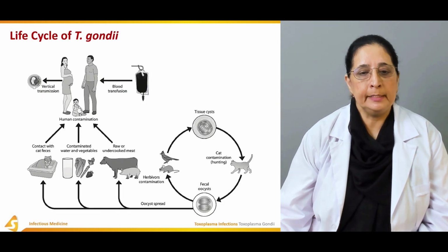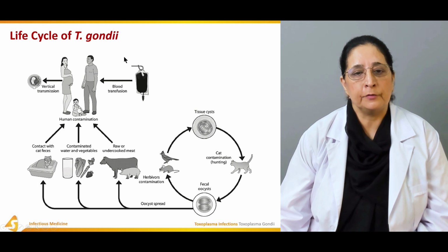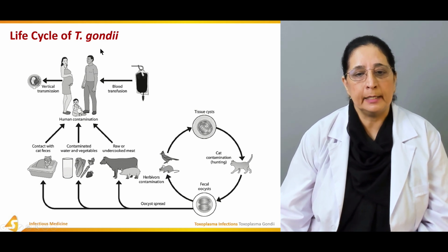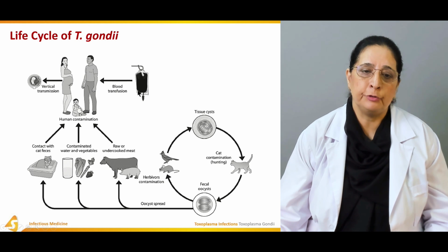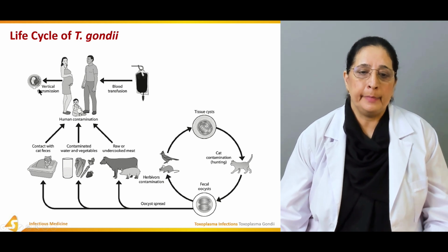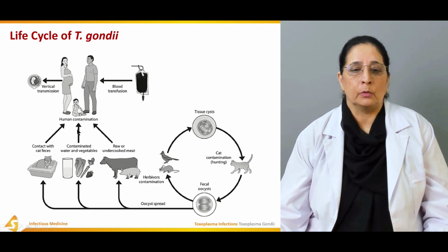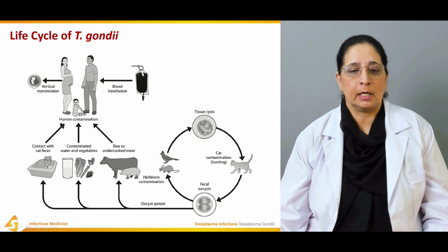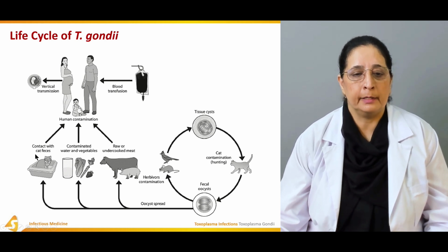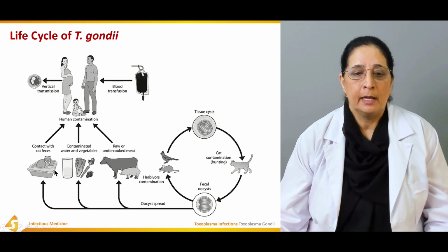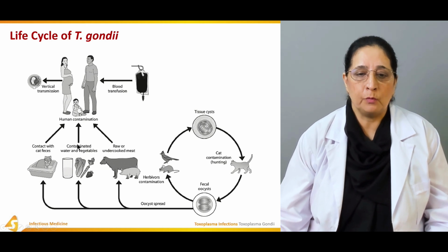Now, just simply the life cycle again of Toxoplasma gondii. It can spread through blood transfusion, from mother to the baby, and also human contamination occurs from cat feces, from contaminated food and water, raw or undercooked meat.